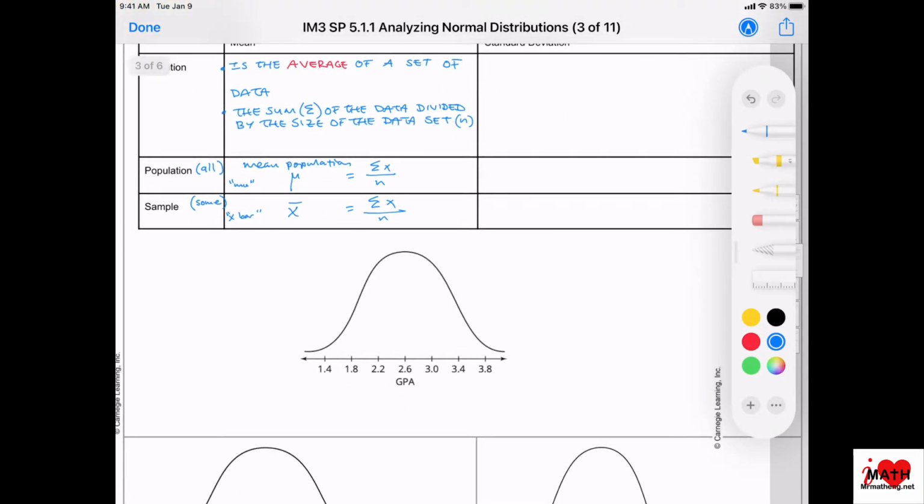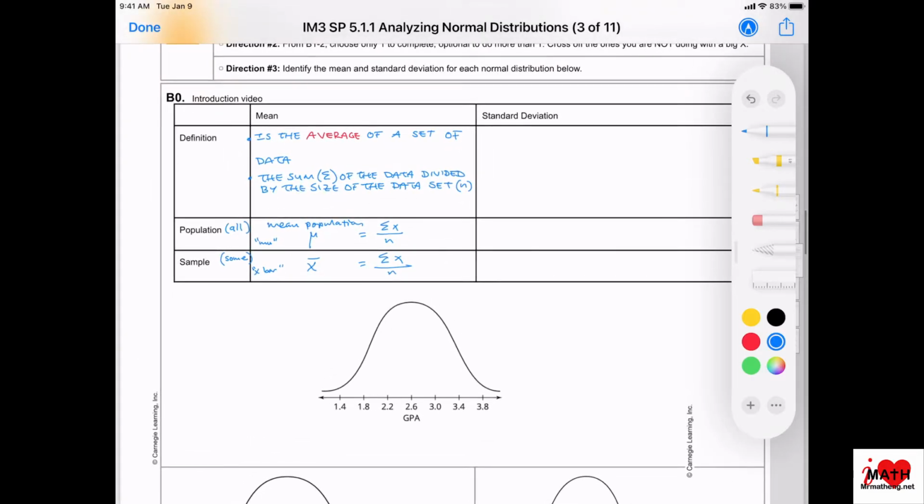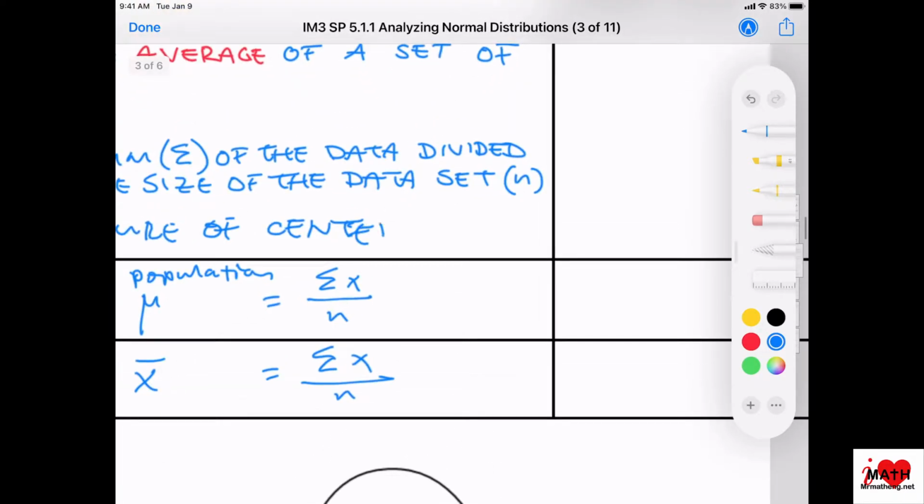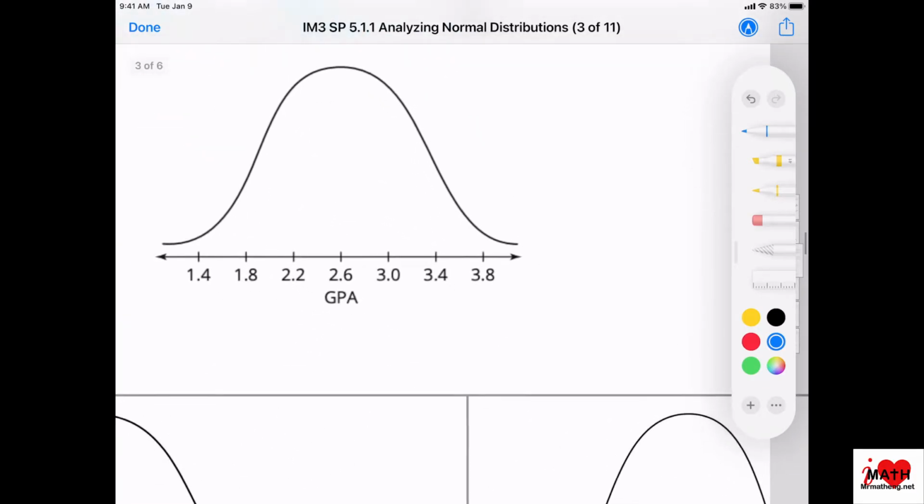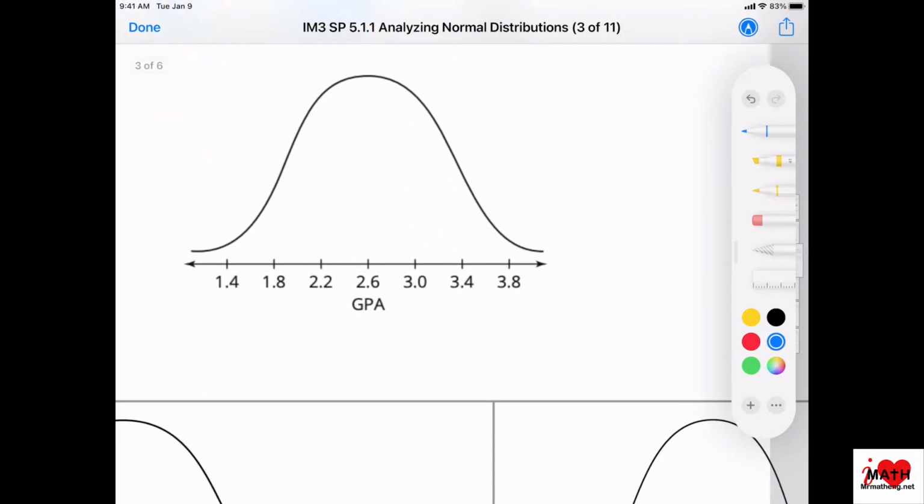Okay, where is the mean? The mean is a measure of center. Let's write that. Measure of center. Okay, so for example, let's just say on this bell curve, this is normal, right? We learned last time it's called symmetrical, because if I cut it in half, half will go to your brother, half will go to your sister.